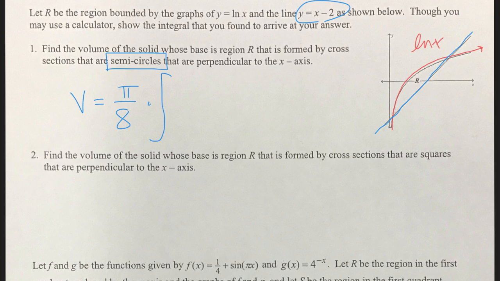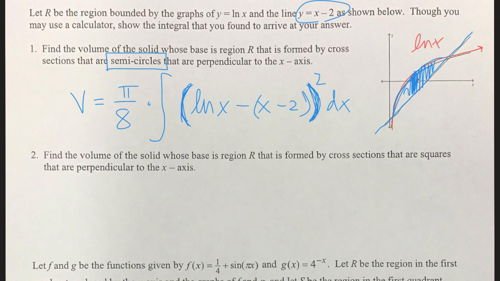It's always going to be a pi over 8 times the integral of the top function, because the distance in between is the top function minus the bottom function. So natural log x minus 2, and we're going to square that function, because it's always side squared or radius squared or whatever squared.